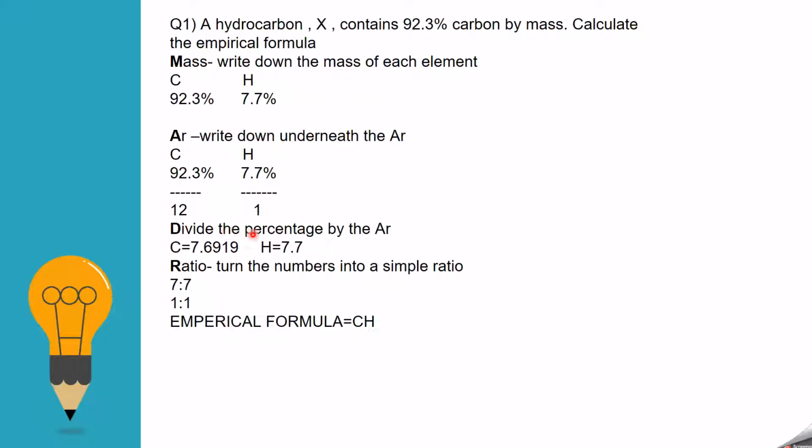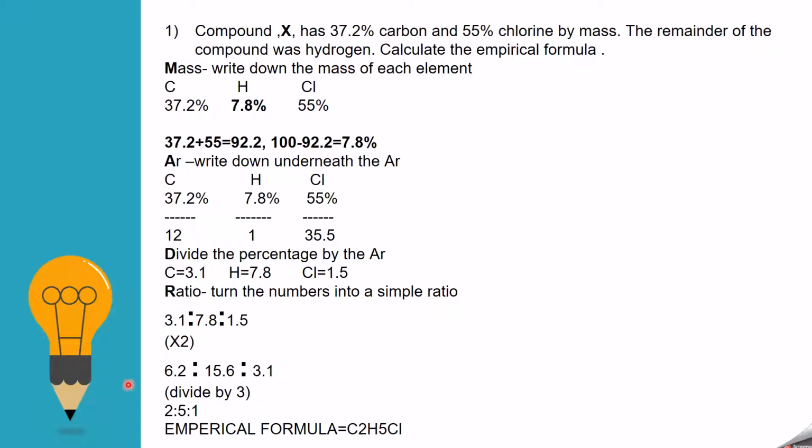And so then I divide the percentage by the AR, so I get 7.6919 for carbon, and hydrogen I get 7.7. So then I rounded 7.6919 to 7.7, seemed logical, and so I turned the numbers into a simple ratio. So I get 7 to 7, and then I simplified it to 1 to 1. And the empirical formula was CH. Now, we don't write C1H1, we just write it as CH.